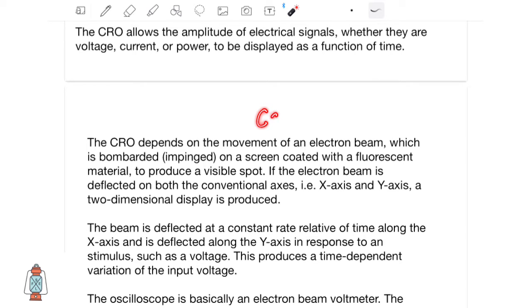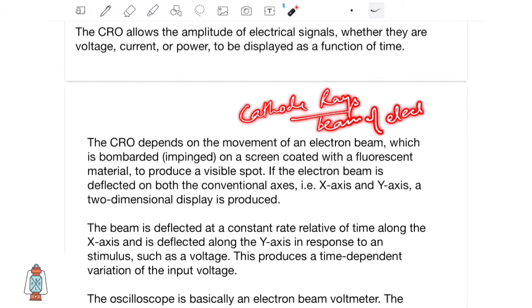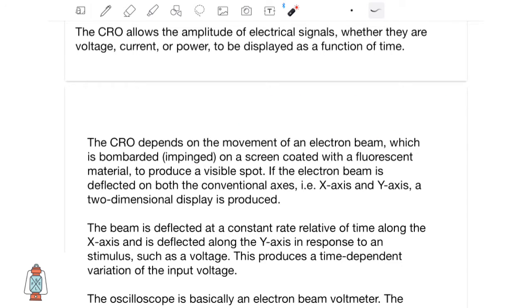As the name suggests, cathode, what does the cathode mean? Cathode rays are what? Just a beam of electrons. So it works on the principle of the movement of an electron beam.